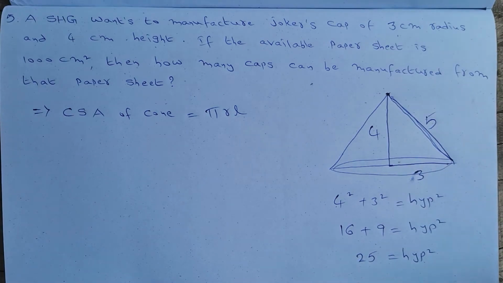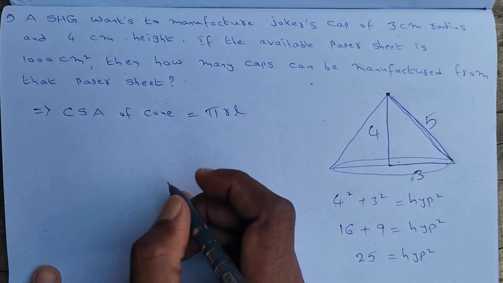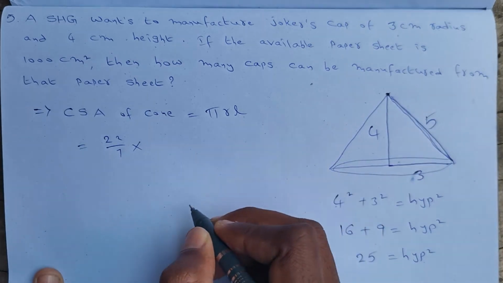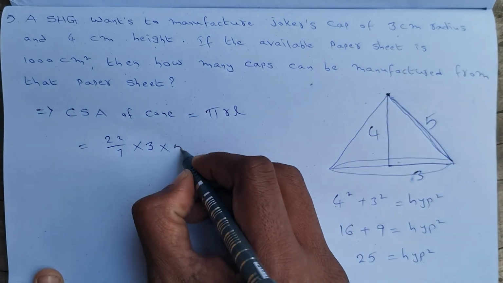Then the hypotenuse is 5, because 5 square is 25. So the area is equal to pi value 22 by 7 into radius 3 into slant height 5.